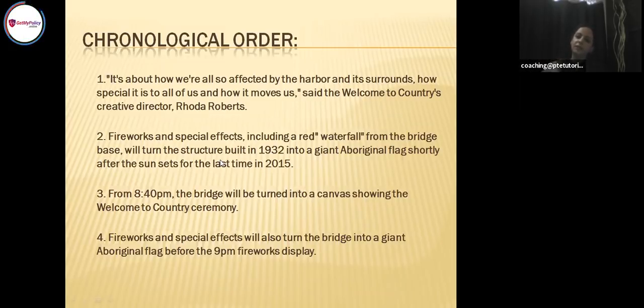If you are able to find the opening sentence, okay, fine. In this case, I have got number 2 as my opening sentence. Then the last words were sunset for the last time in 2015. I haven't read this line. I don't need it. Then try to make the cohesion with this.